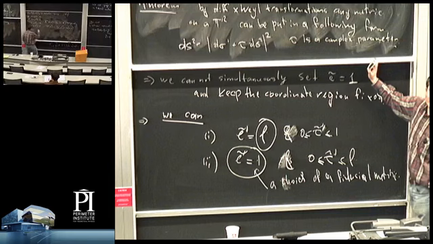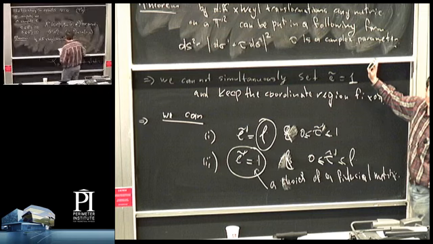So the theorem tells us that by diffeomorphisms times Weyl transformations, any metric on a torus can be put in the following form.